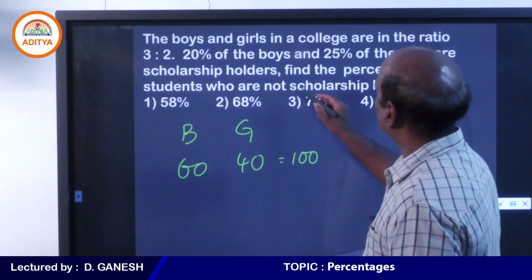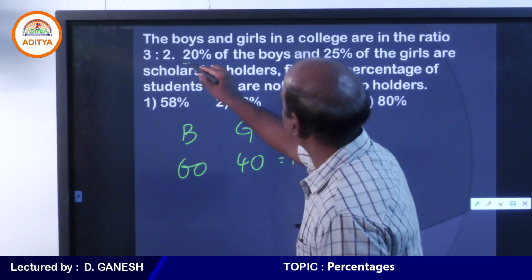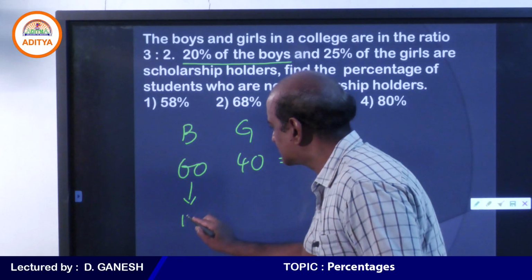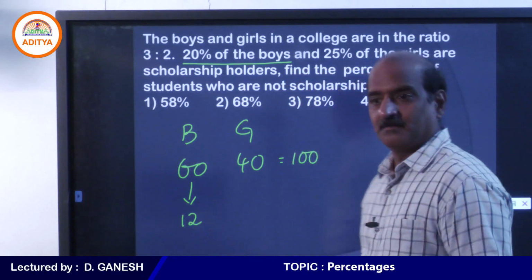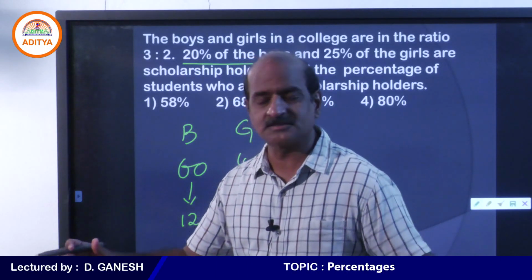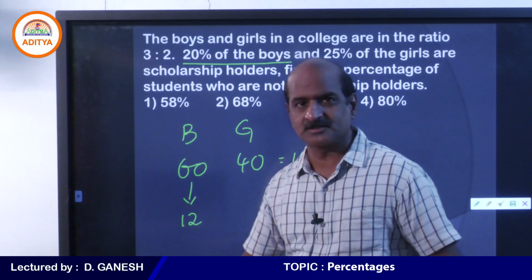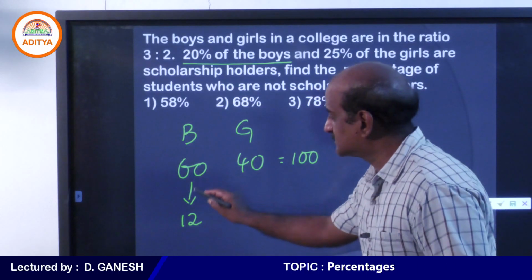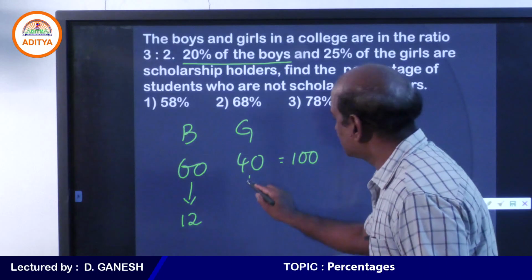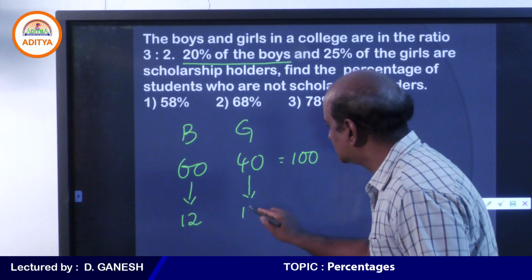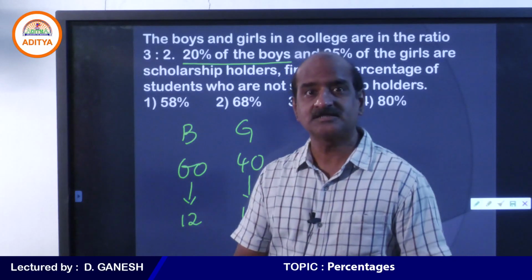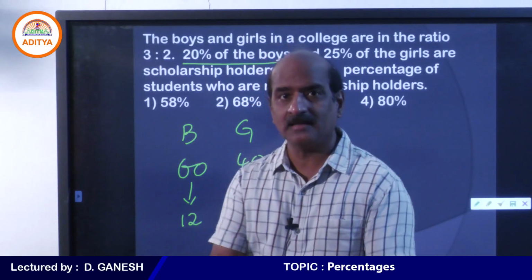Now tell me, 20% of the boys. Student, do you remember? 20% of 60 is 12. Because we are so comfortable in percentages, I believe that by this time you must be getting it so well. So 20% of boys, and then 25% of girls. What is 25% of 40? 10.